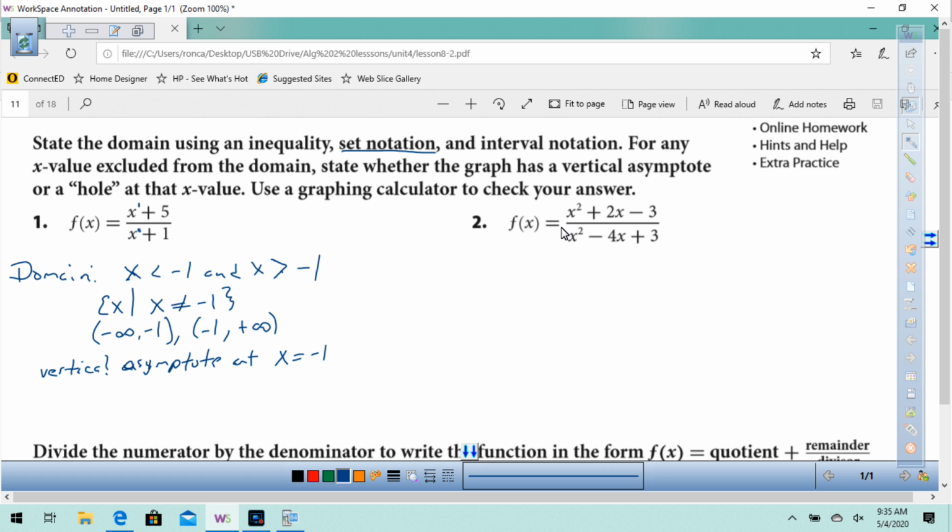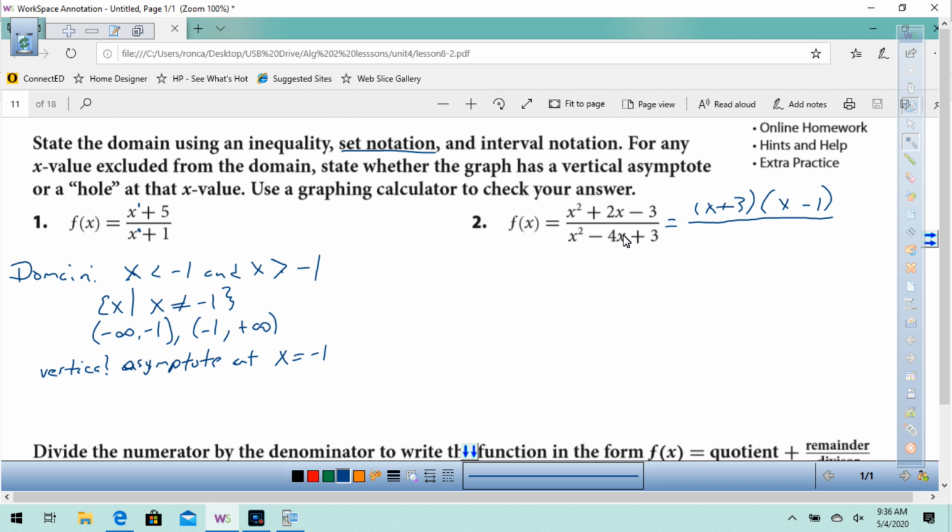Now look at here. We have x squared plus 2x minus 3 over x squared minus 4x plus 3. If I was to factor this, we're going to have x plus 3 times x minus 1 on top.